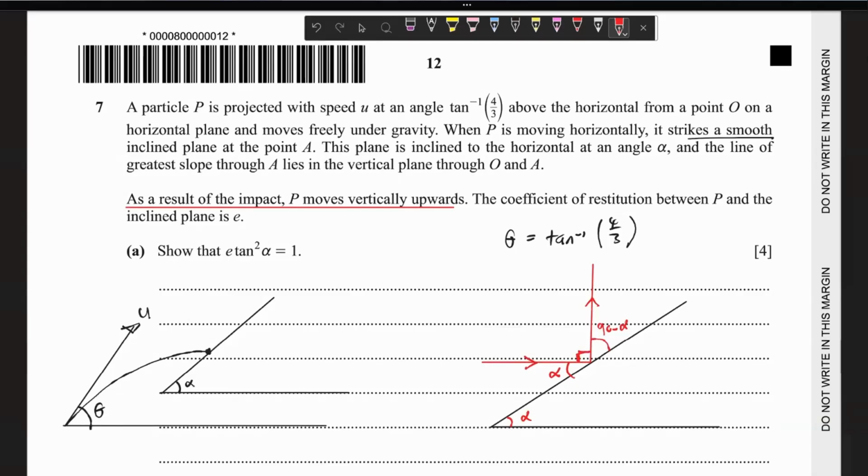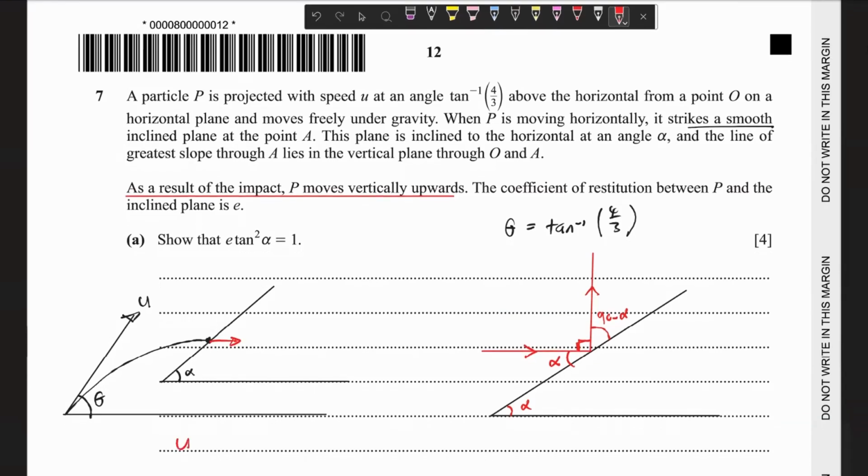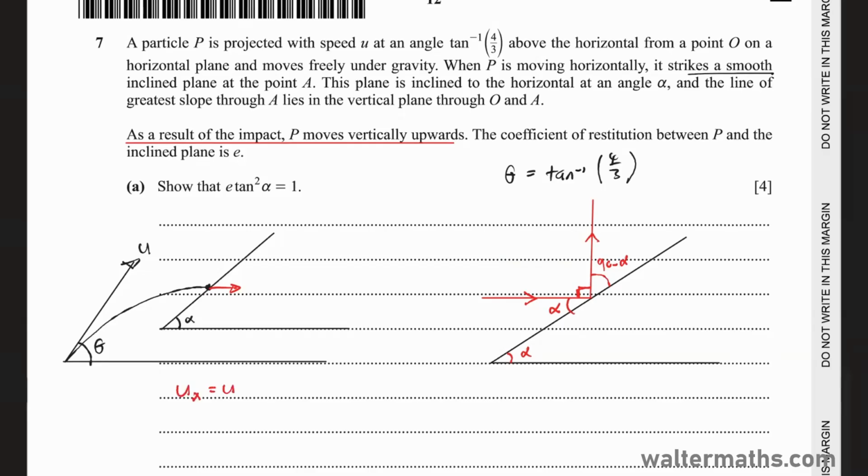Now the speed of impact, the speed with which the particle approaches or strikes the plane, is the horizontal component of the speed of the particle, ux, which is u cos theta. Remember, if tan theta is 4/3, then cos theta is 3/5.